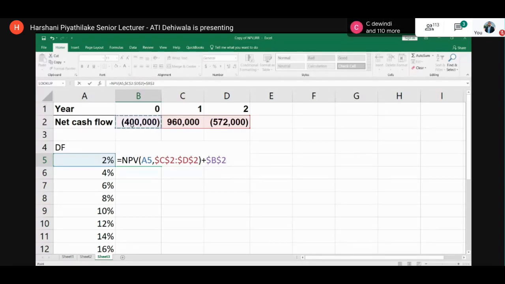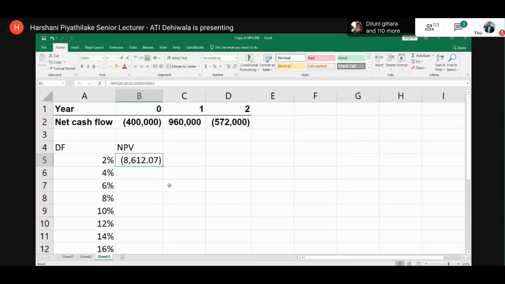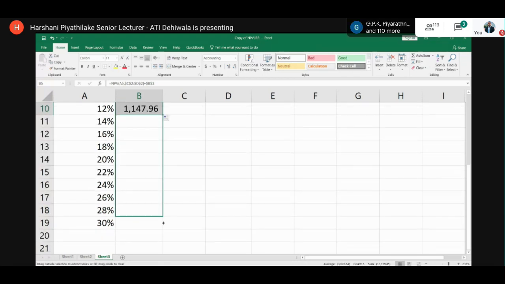I think you all have done this one quickly. Presenting negative amount, then you can say at 10% it's coming 0 value.